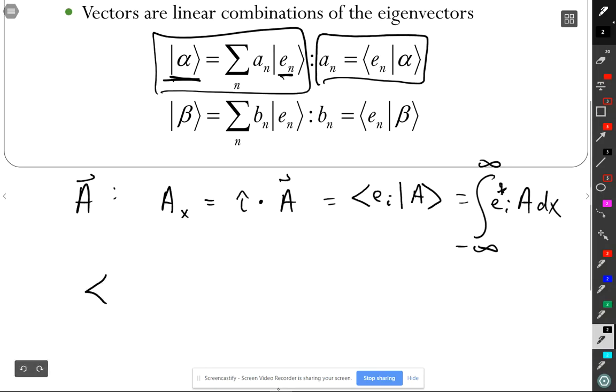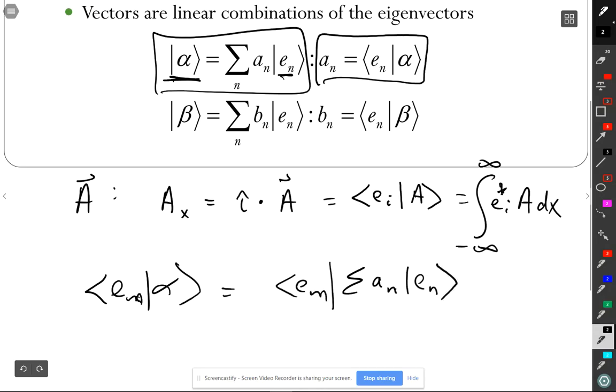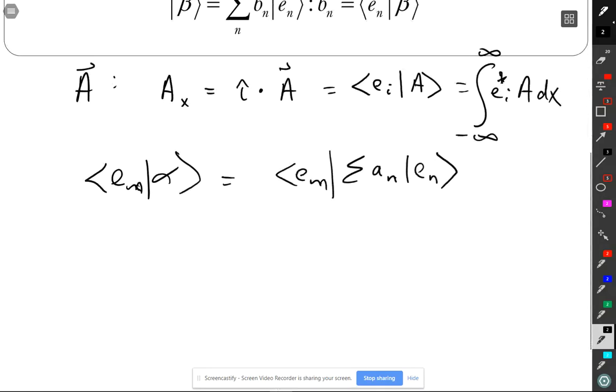You just put E sub n acting on alpha, alpha is equal to the sum over A sub n. Oh, I should have put an M here. Got to make these different so I don't have a summation conflict.